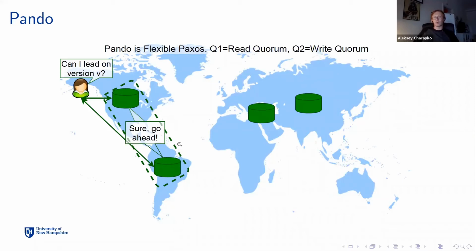So it can be a small quorum, which actually is the same quorum as the read quorum in a traditional read-write quorum system. So she talks to her phase 1 quorum, and they will say, "Sure, go ahead." In a happy case scenario, obviously, right?